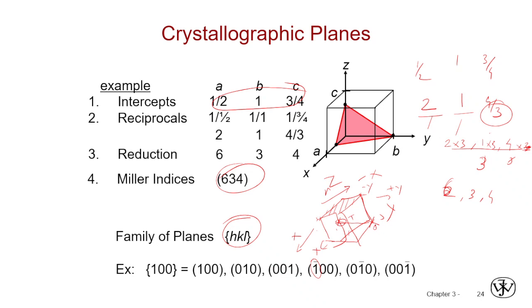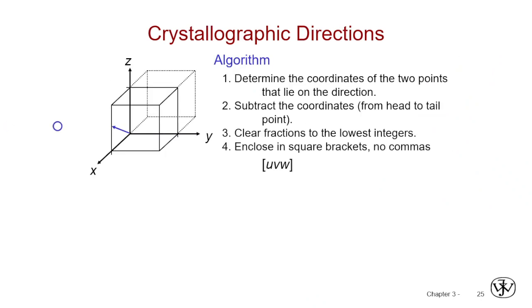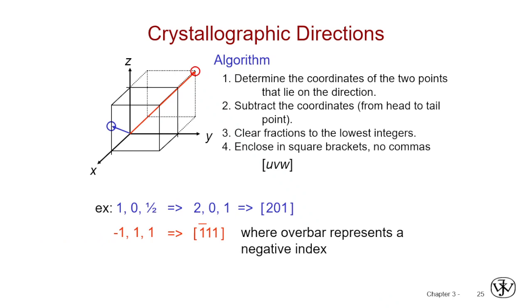So if this is origin 0, then this is 1 bar in the y direction. Likewise, we can do for z. If we do all of this, it will look very similar to each other. That is why they are all called a family of planes. Then directions we already saw, right? So these are some of the examples.